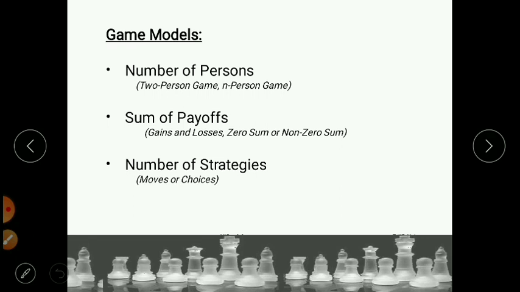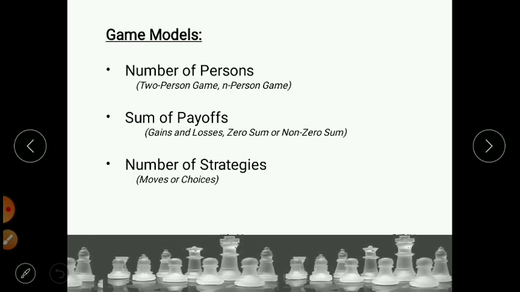These players can be competitors or opponents, you name it. If a game involves only two players or two opponents, then it is called a two-person game. And if there are more than two players, it is an n-person game. An n-person game does not imply that exactly n players are involved. It can be more or less.